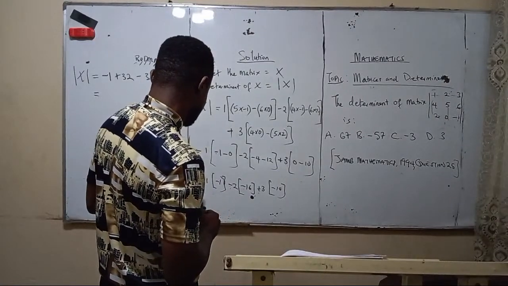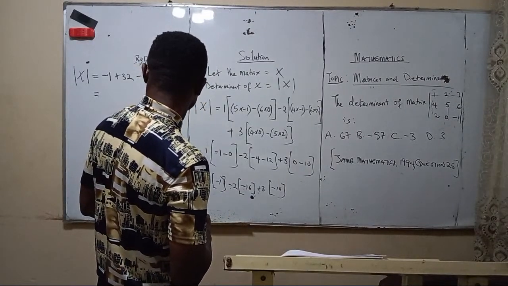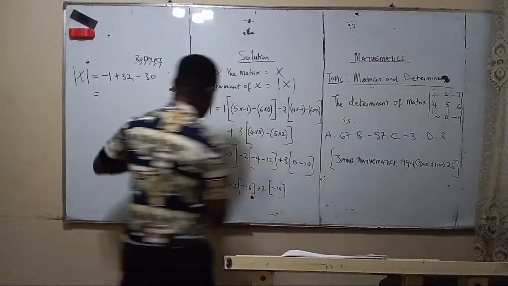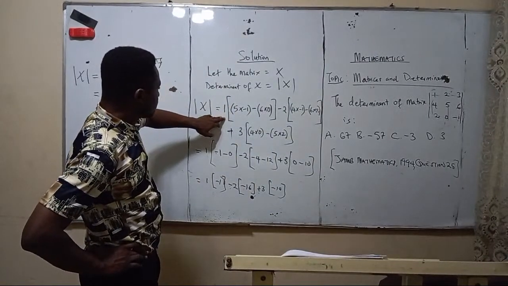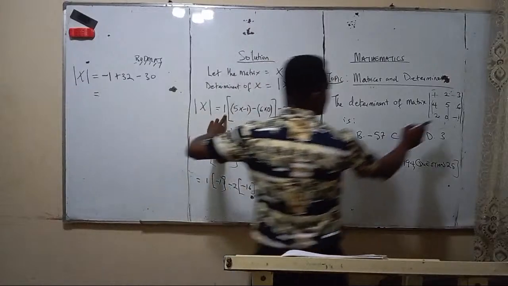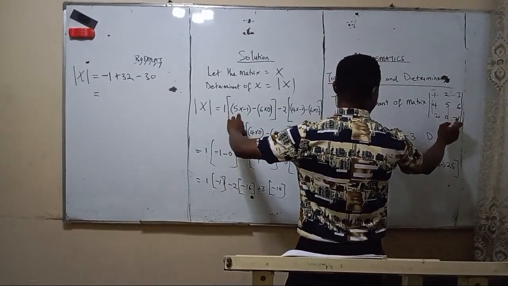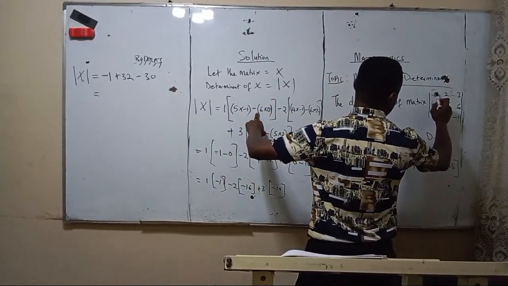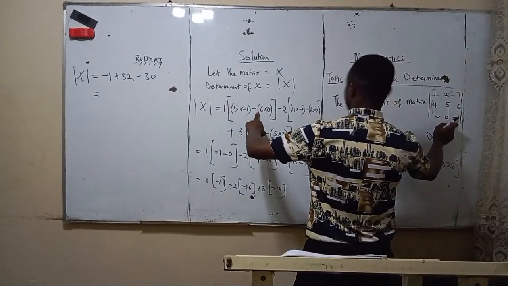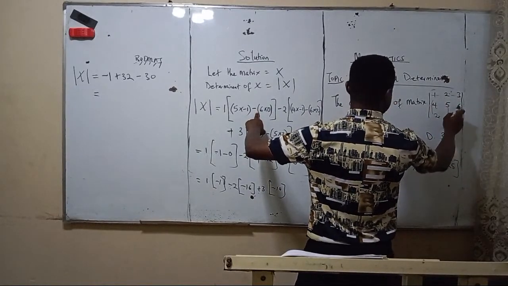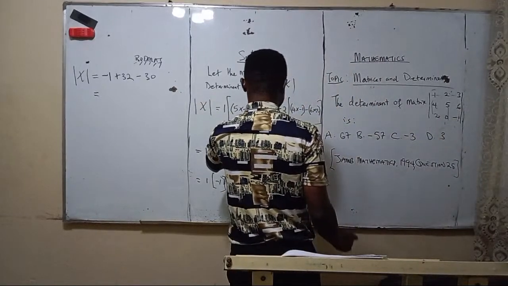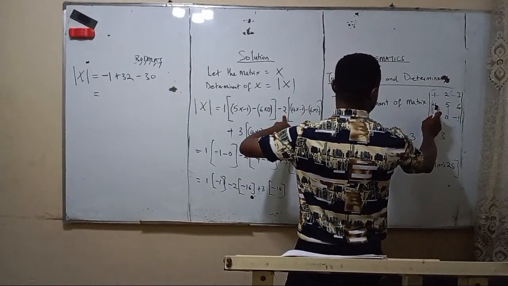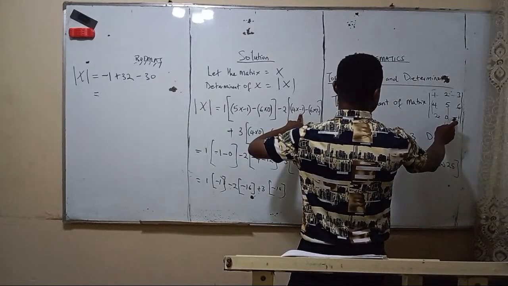Something is wrong somewhere here. Something is not right here. Let me go back from here. I sense an error. Here you pin this, 5 times minus 1, correct? Minus 6 times 0 is 0, correct.